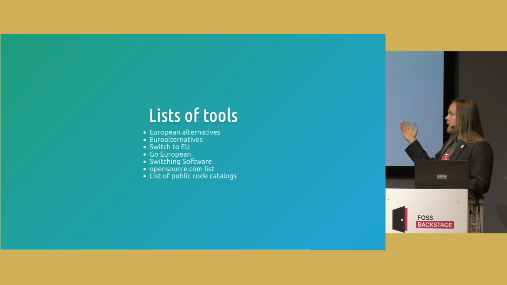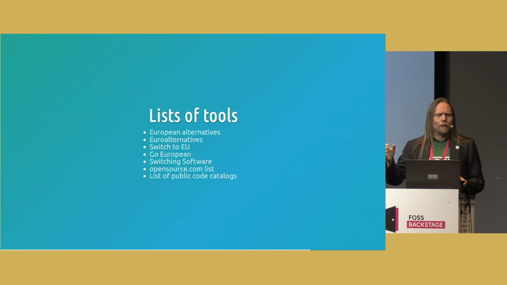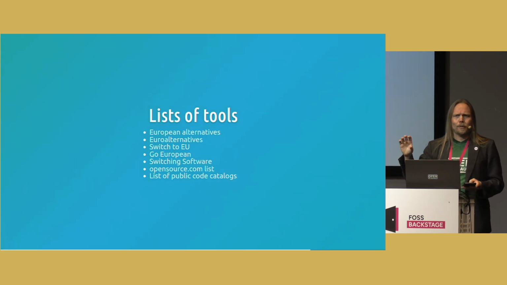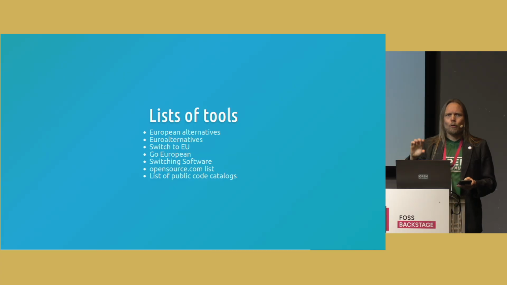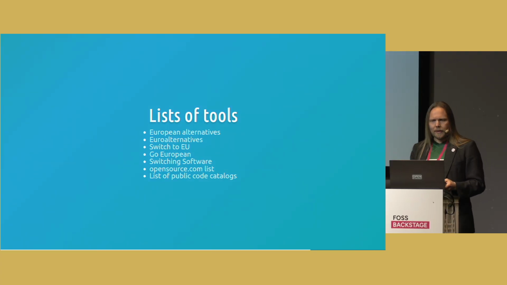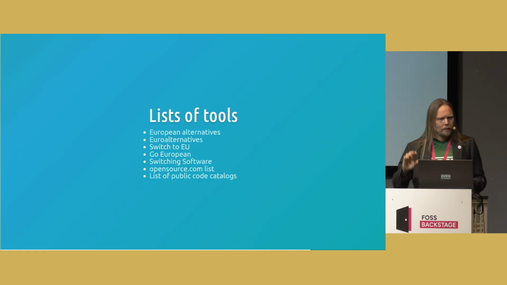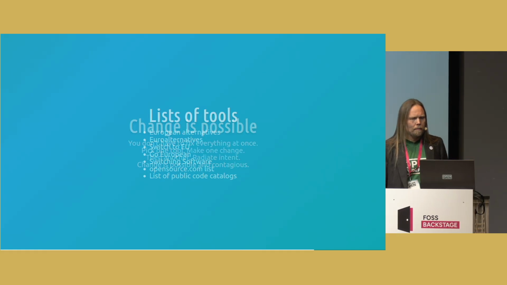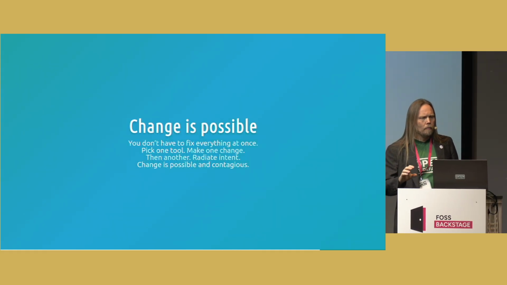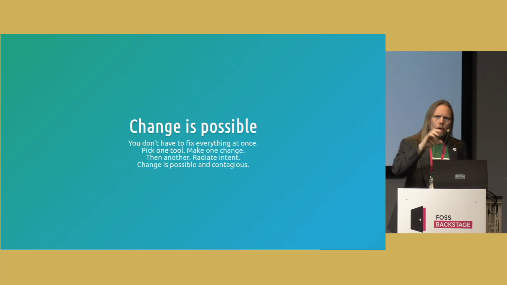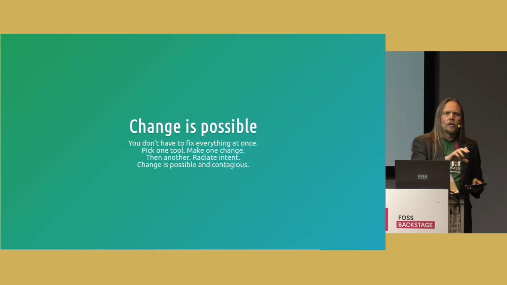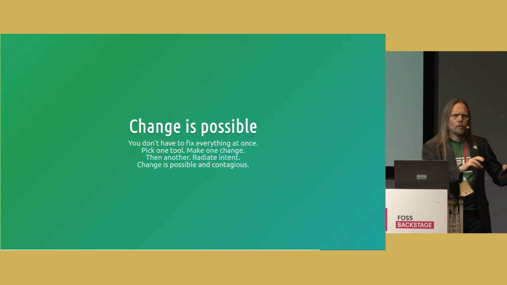The last link here is also a list of lists. Also, open source software being used in public administrations, these kinds of catalogs. So there's plenty to choose from. And change is possible. And talk to your community. Maybe you want to start with something that is sort of peripheral.